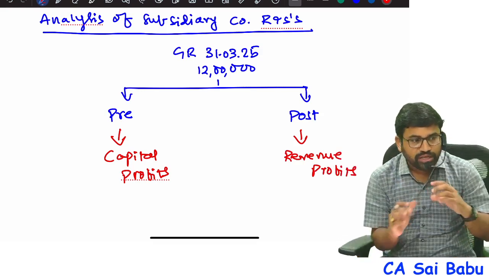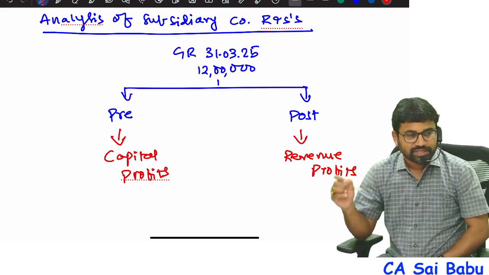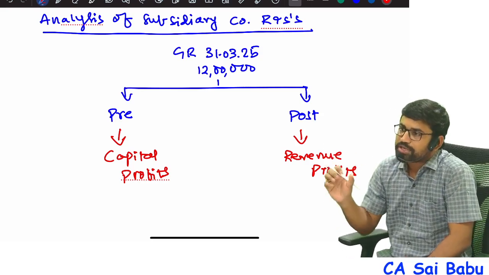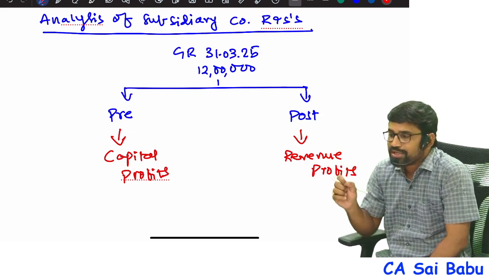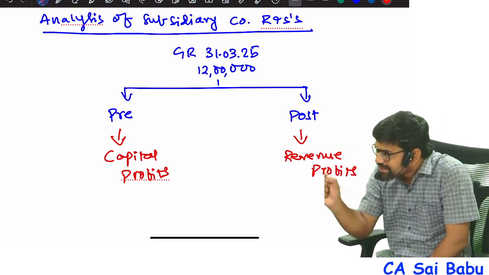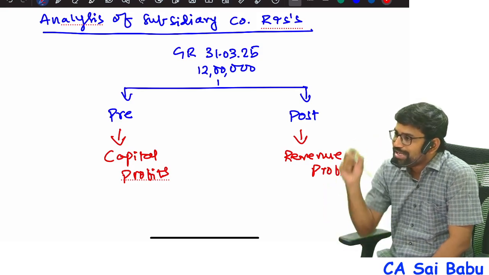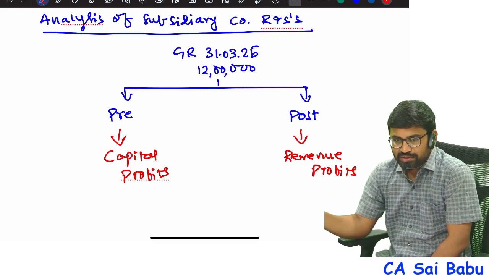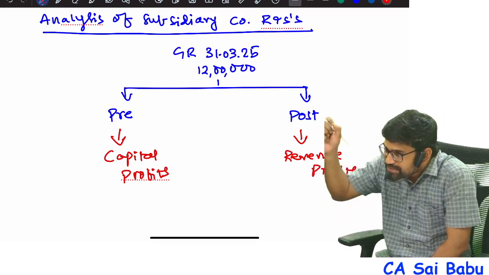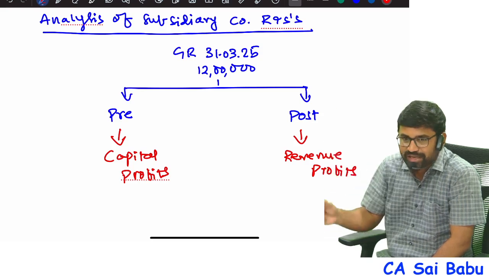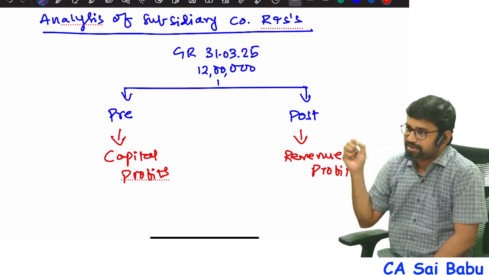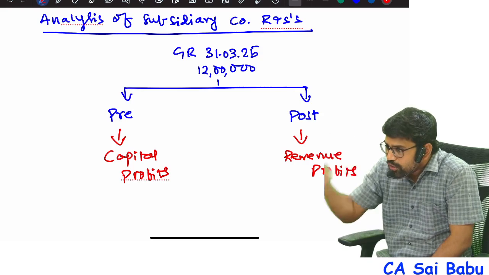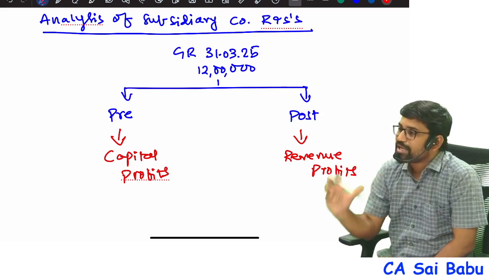So when you are doing the consolidation of a subsidiary, one of the most important things you need to do is take each reserve of the subsidiary company and divide that reserve into two categories, pre, post. How much balance of this reserve is there in the subsidiary by the time I am acquiring it? All those are my capital profits.